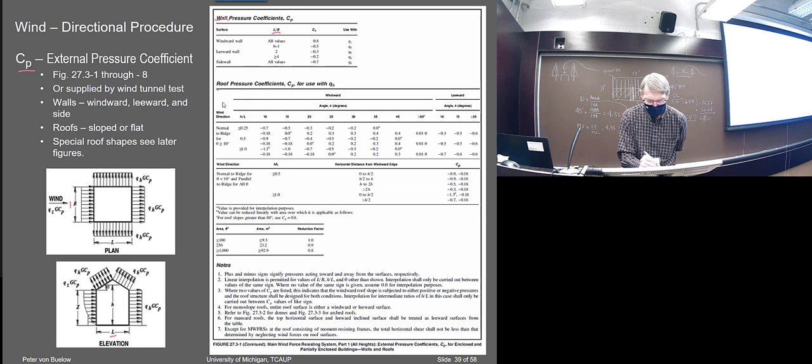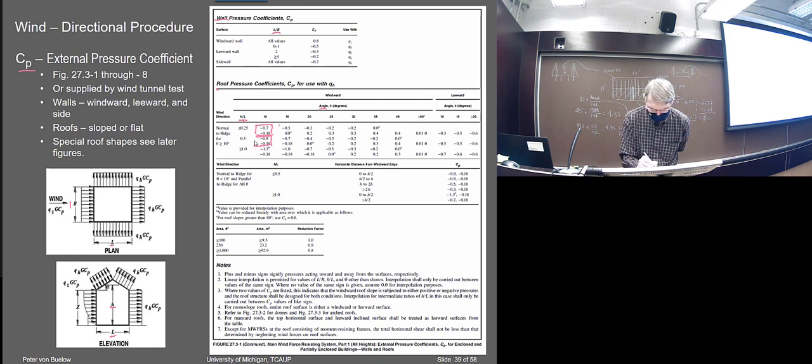And for the roof, this is on a ratio of H over L. So here's where H is, the mean height, and L, right? So H over L, and the angle. Each of these has a maximum and a minimum value that they're giving you.